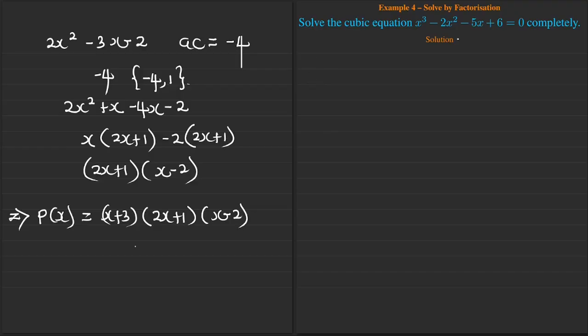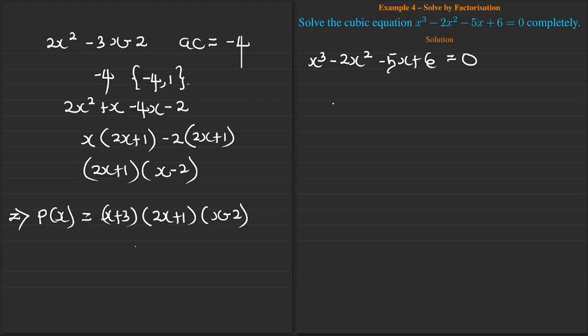We know the function is x cubed minus 2x squared minus 5x plus 6 is equal to 0. The best thing we can do is to factorize. If you're able to factorize, then you equate each bracket to 0.